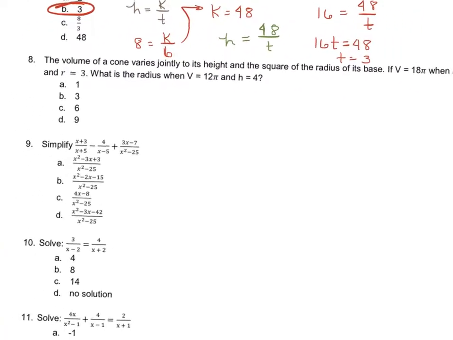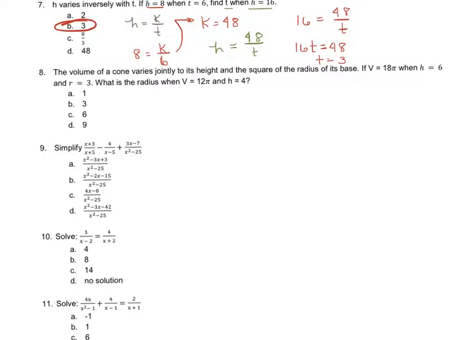Problem number 8. It tells the volume of a cone, V, varies jointly with its height and its radius squared, or the square of its radius. It says now that V is 18 pi when h is 6 and r is 3.